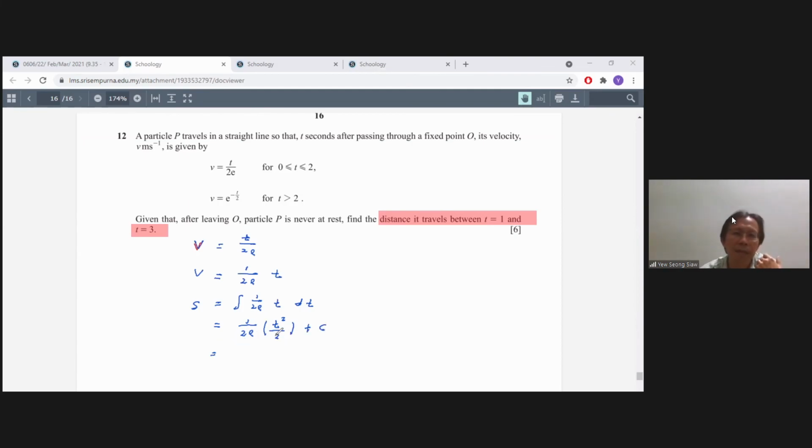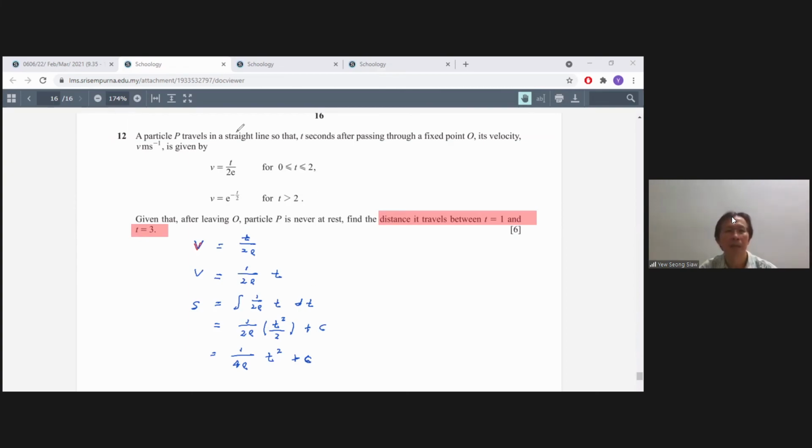So the final answer is, putting the bottom together, 1 over 4e squared plus c. Okay, this is the answer. Then what is c? You read the question there.